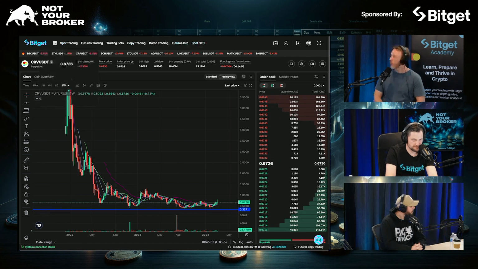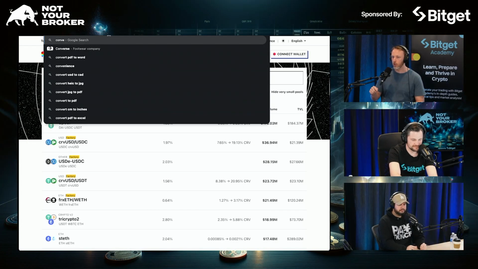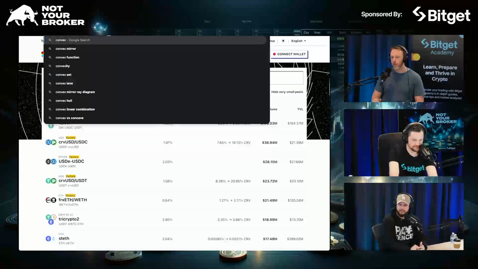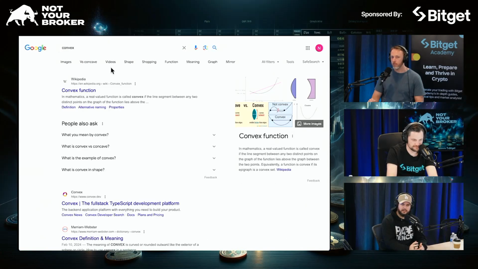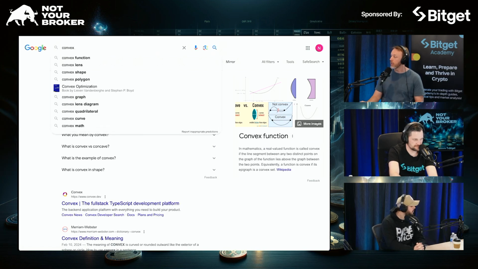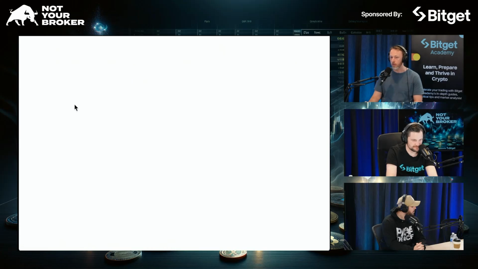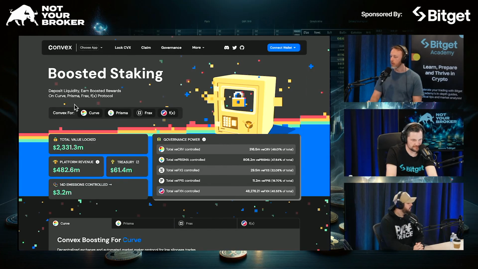Historically it's been high beta Curve, meaning when Curve goes up, it goes up more, and when Curve goes down, it goes down more. That didn't hold true for a while. In the last 6 months, as Curve price was going up, Convex was just moving with it. It was only in the last few weeks that you started to see Convex resuming that relationship where it would go up more than Curve.